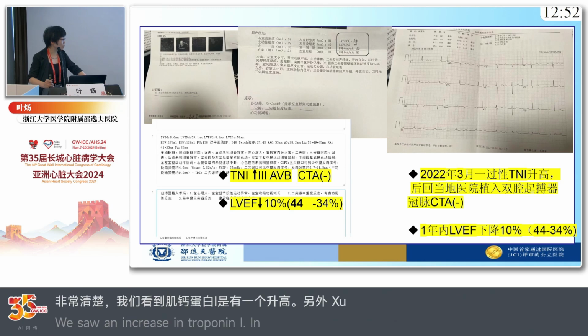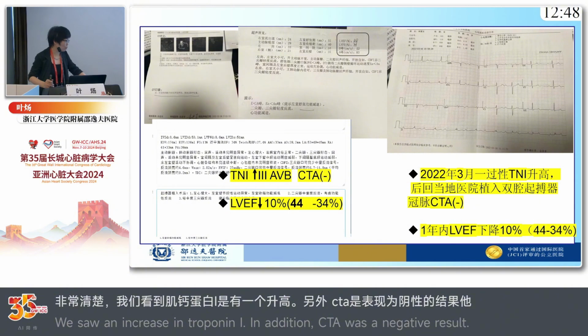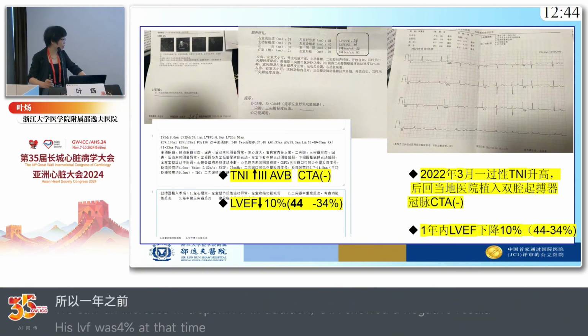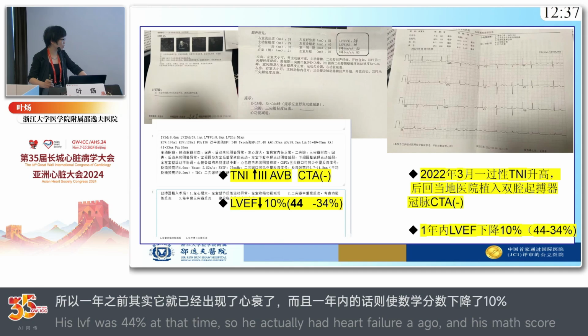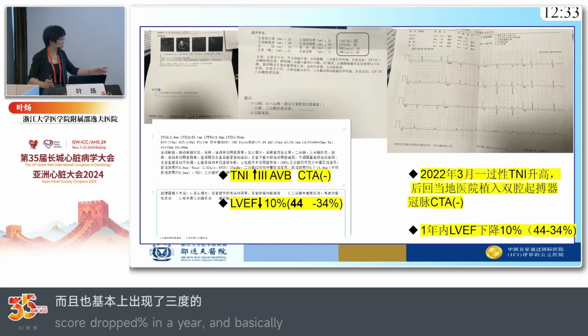The LVEF was 44. That means she actually had heart failure 1 year ago. And during 1 year of RV pacing, because she has almost complete AV block, the LVEF is reduced by 10%, from 44 to 34.